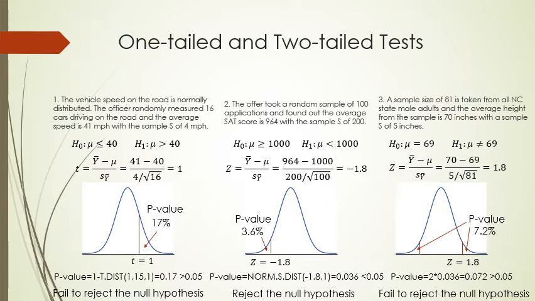The alternative hypothesis is mu is less than 1000. Although the population variance is unknown, we may still use the z distribution here since the sample size is large enough. Thus, the z-score is y bar minus mu divided by s y bar, which is minus 1.8.